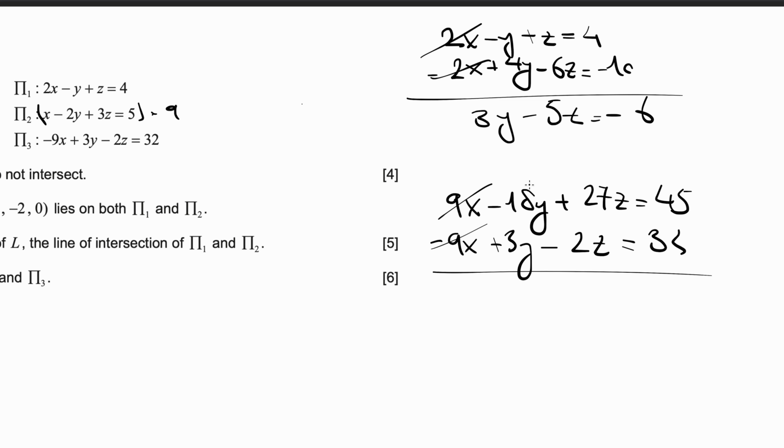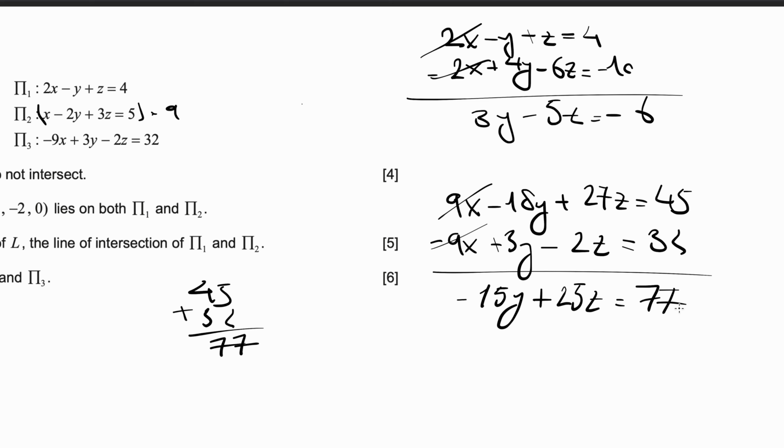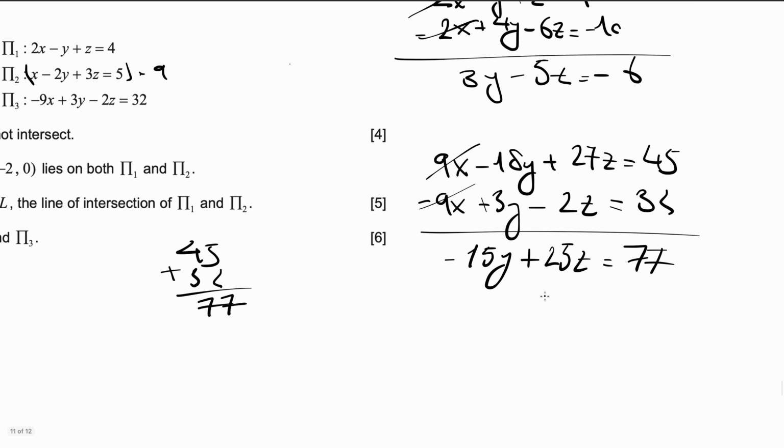The 9's cancel out, and this will be negative 15y plus 25z equal to 45 plus 32. So 45 plus 32 is 77, right? Can we factor out anything from here? I guess we can't. Okay, so now what?